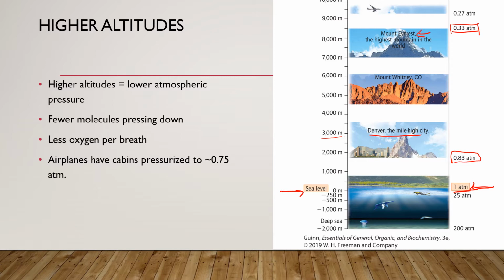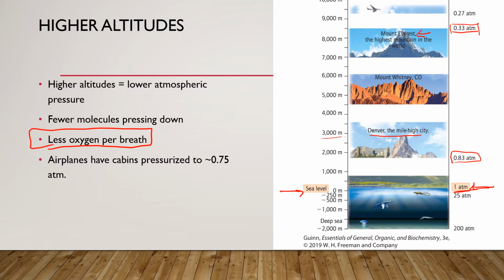That's why at higher elevation we experience loss of breath, because there is less oxygen available per breath. So we hyperventilate, and many mountain climbers carry special oxygen tanks to breathe, because at high elevation loss of oxygen can be fatal.